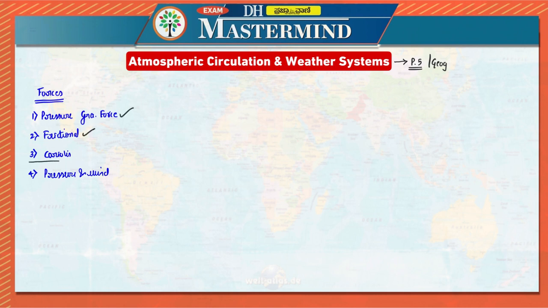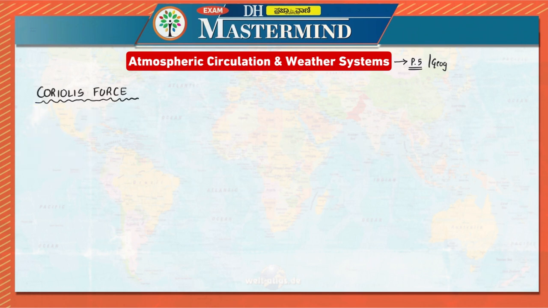In this, let us understand what exactly is Coriolis force. Let's start with one example. Let us take a circle. Now let us take this particular point.